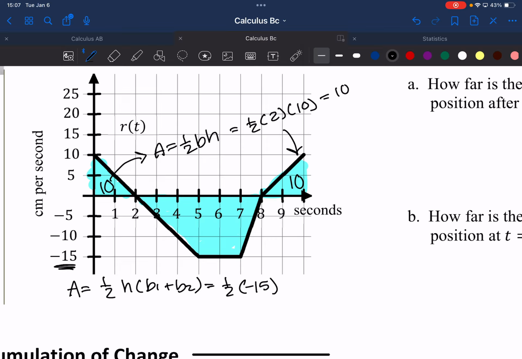Then what about the first base? What's the distance? 6. What about the second base? 2. So we have the top one with 6. The bottom one is 2. When we combine all of this, we get negative 60. So this one right here is negative 60.